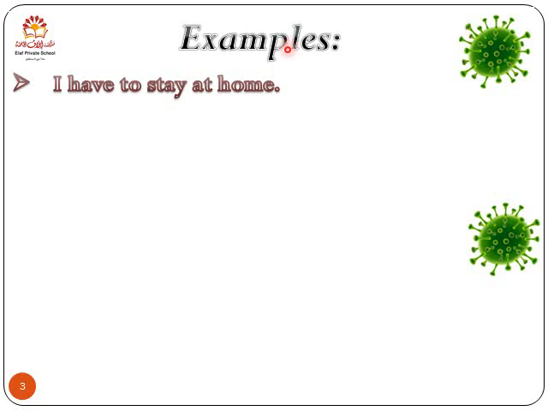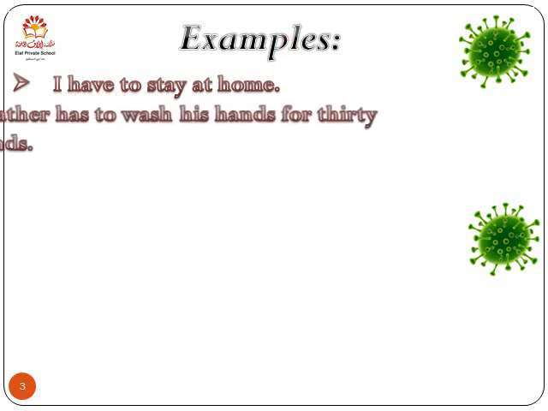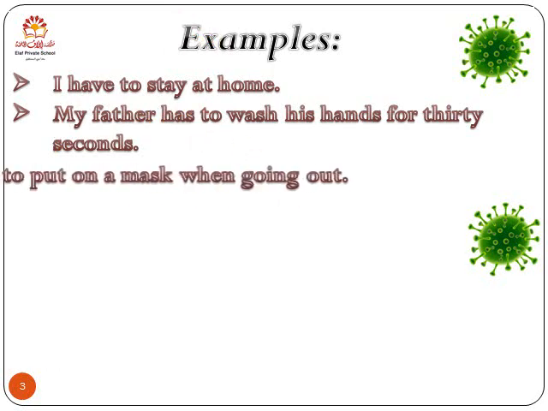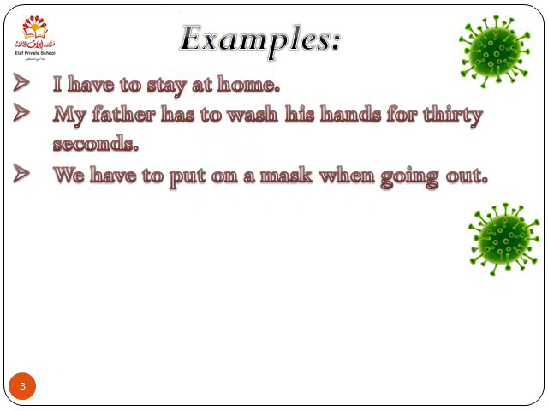That's why I'm using have to. Another one, my father has to wash his hands for 30 seconds. Number 3, we have to put on a mask when going out.